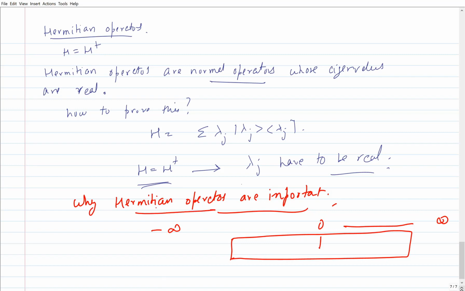So the physical operators which are measurable in quantum mechanics better be Hermitian. Quantum mechanical observables are Hermitian operators.